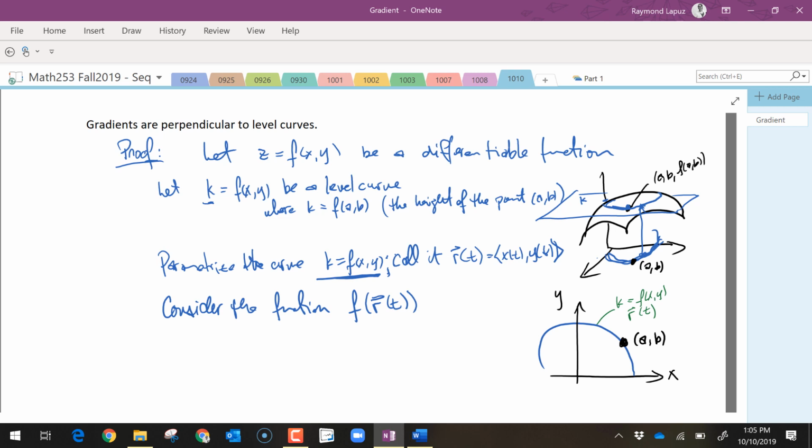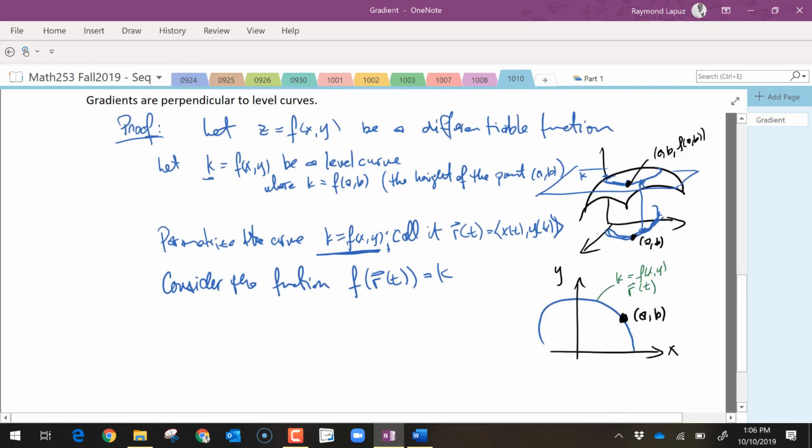It's on the level k. We cut it with a plane, we extracted the xy curve out of that, and now we're going to put it back. It seems silly to put it back, but that's what we're going to do.